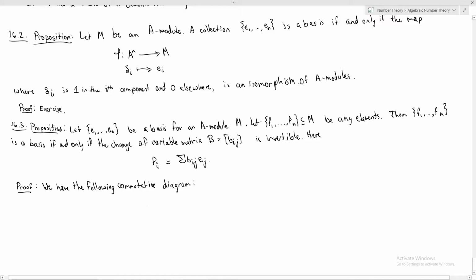Where on one side I have M, and on the other side I have A^n. And this matrix B acts as what do I want to say here?